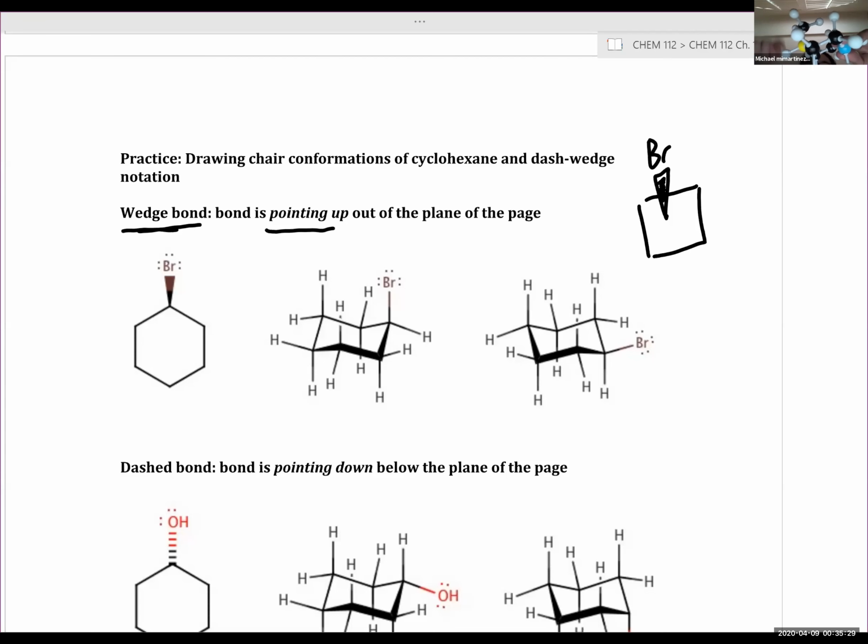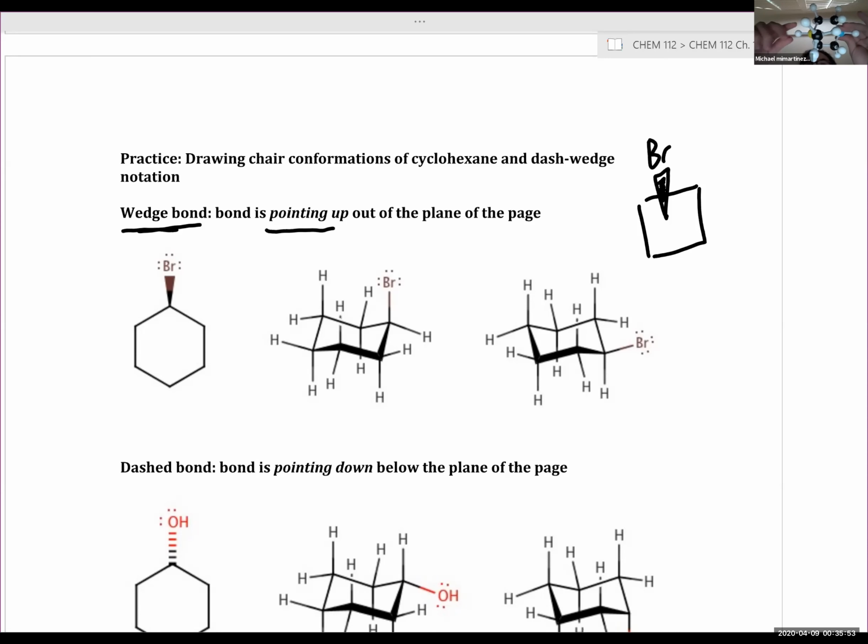Is it pointing up or down? And you're welcome to type in chat during this time. Up, yep, exactly right. So if we're viewing this from the perspective of the plane of the page, the methyl group is pointing out towards us. It has a wedge. It's going towards you from your view.